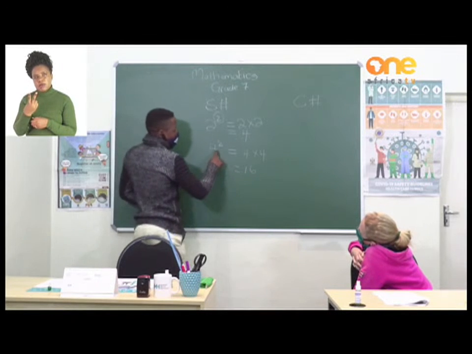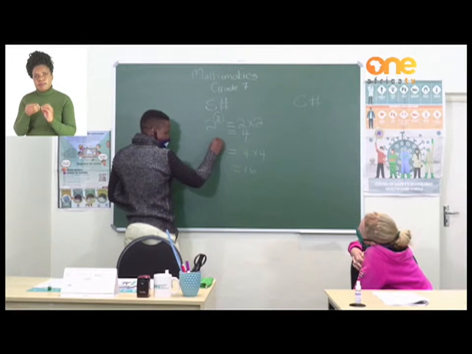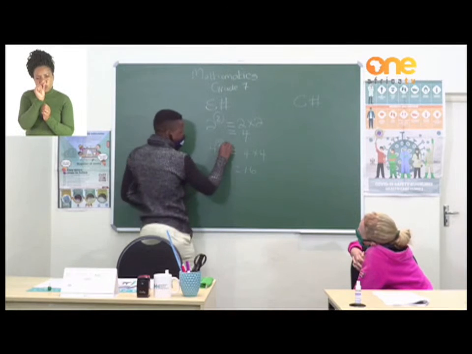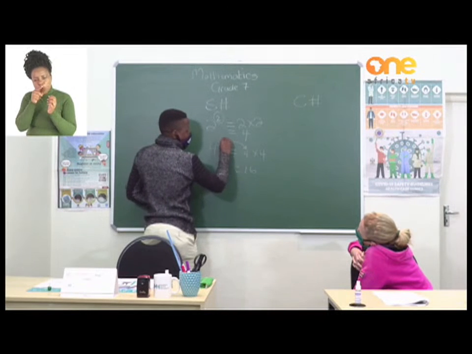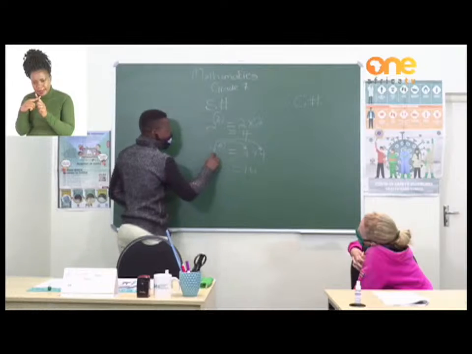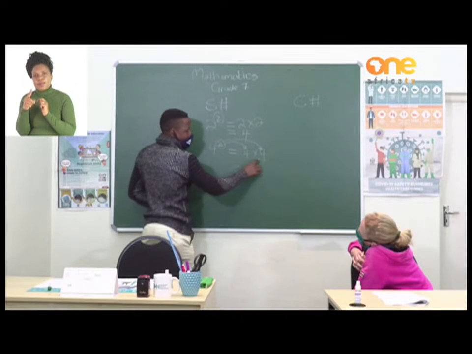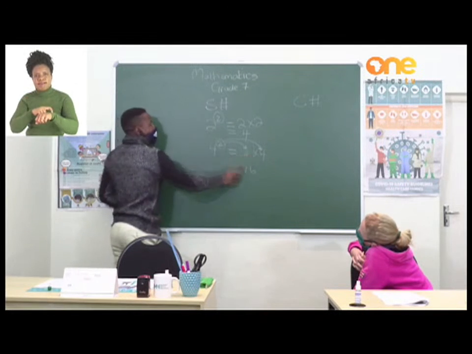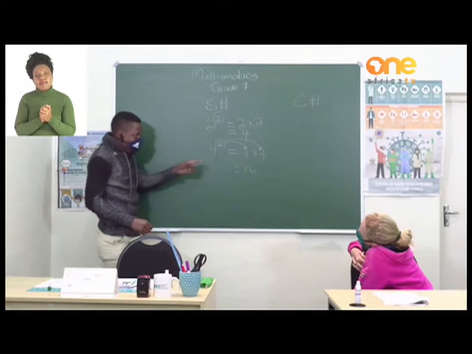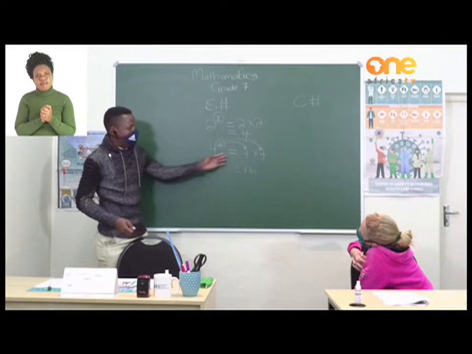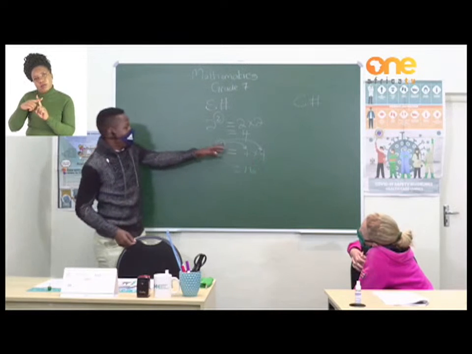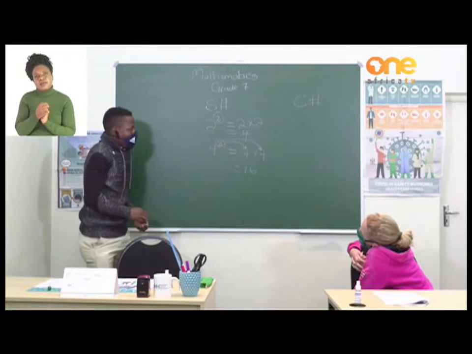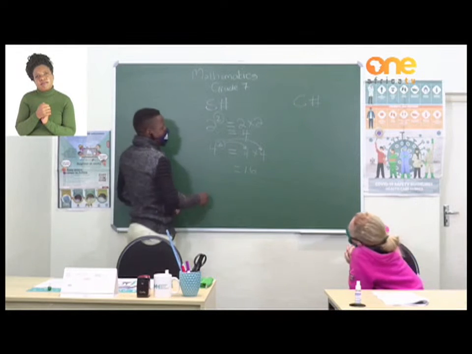So this 2 here shows you that you have 4 two times, given that we have to multiply. So it's a number multiplied by itself. That number has to appear twice. That's why we have a power 2 here. I think that's much easier.